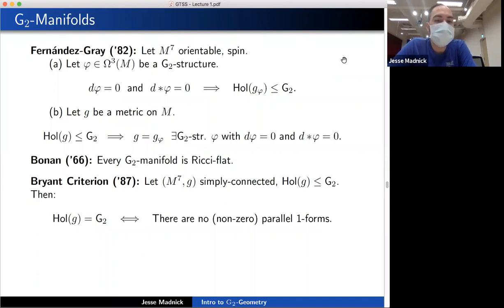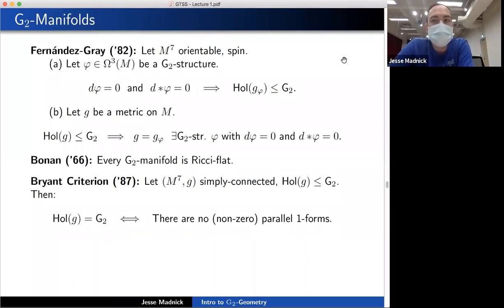Then you get holonomy equal to G2 on the nose if and only if there are no parallel 1-forms other than 0, of course. The way you prove this is essentially by an application of Berger's list, together with, again, the holonomy principle relating parallel 1-forms to tensor fields.